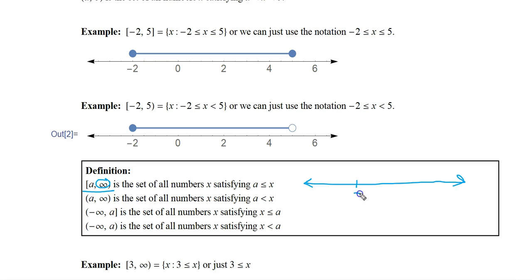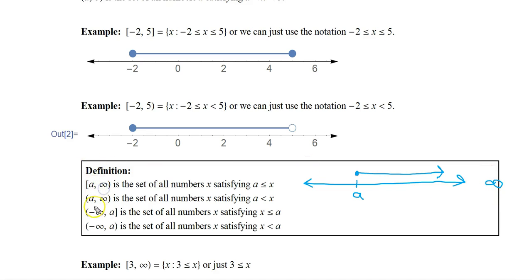If this is the number a on the real number line, we would put a little closed circle there, and it would be all of these numbers going from a all the way out to positive infinity. Notice when we write positive infinity, sometimes we'll put a plus in front of it, but oftentimes we will not. So if you don't see any type of sign in front of the infinity symbol, it represents positive infinity.